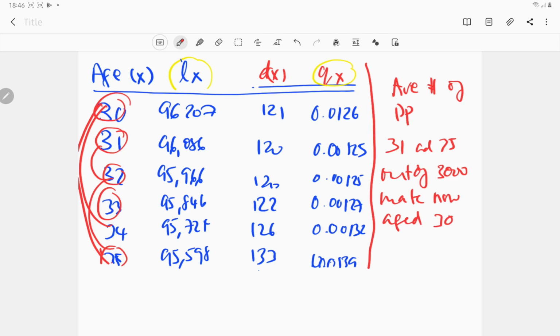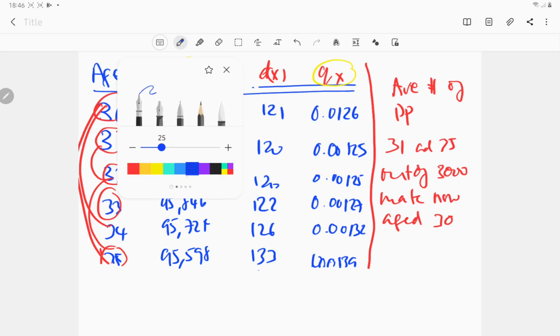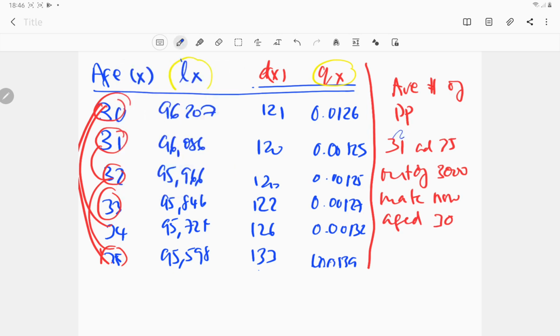We have quite a number of variations in that part. So we are talking about people who are now aged 30, out of 3,000 people, who are expected to live up to age 35.